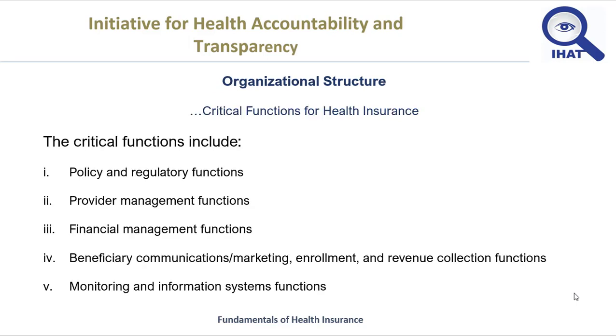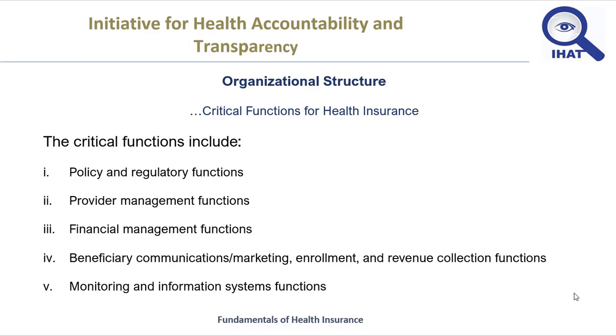The critical functions include policy and regulatory functions, provider management functions, financial management functions, beneficiary communications / marketing, enrollment and revenue collection functions, and lastly, monitoring and information system functions. Now we'll be looking at these functions in detail, one after the other.